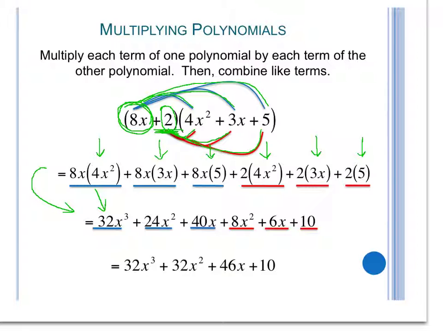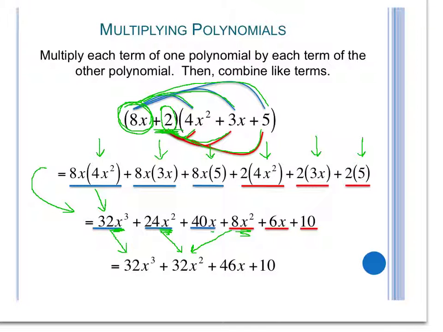Now we've completed the multiplication, so all we have left is combining the like terms. So we start by looking to see if we have any other x to the thirds, and since we don't, that term stays the same. Then notice that we have two terms that have x squared, so those like terms need to be combined by adding the coefficients. So 24 plus 8 gives us a 32x squared.